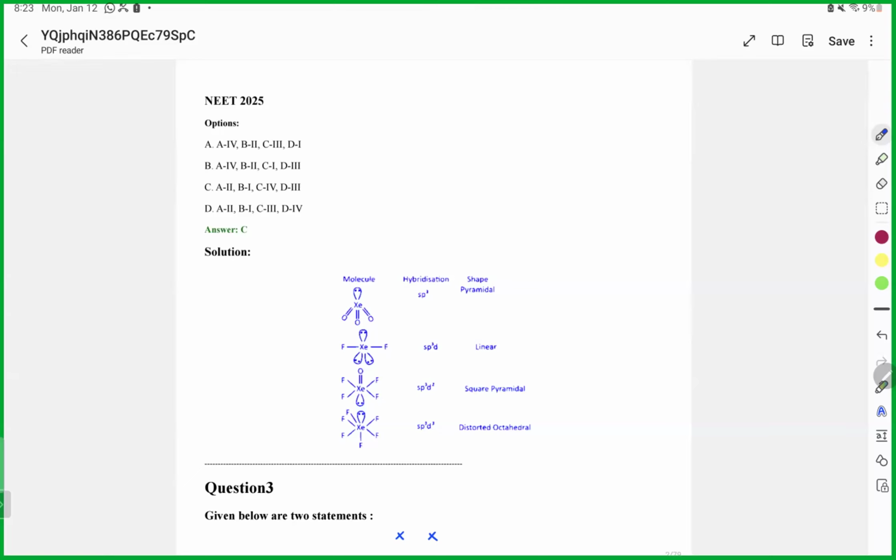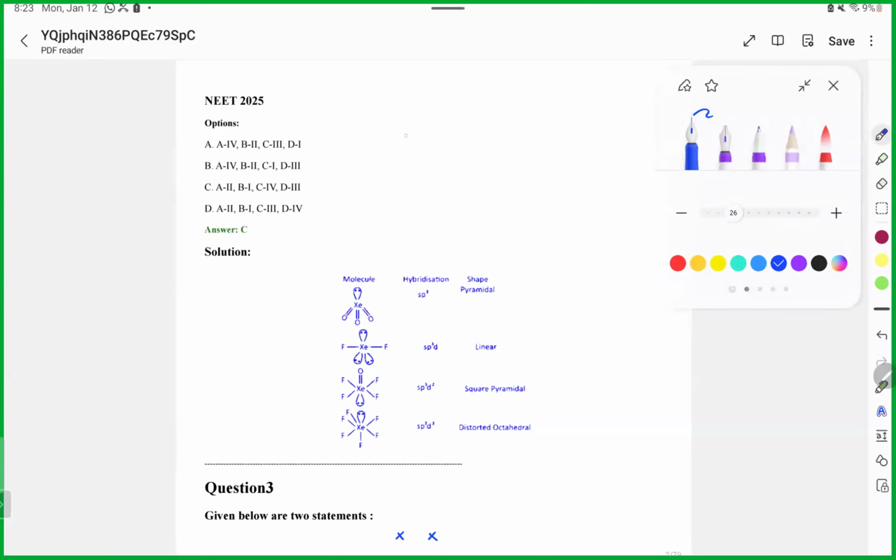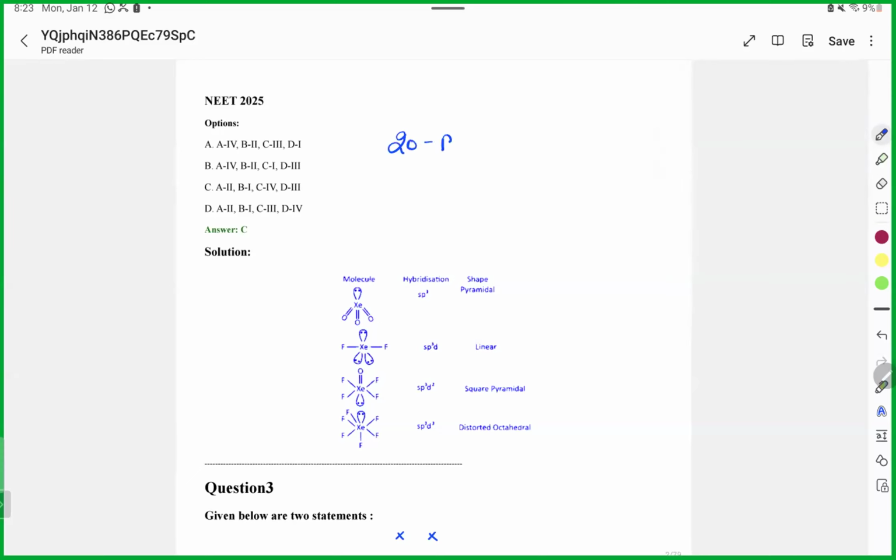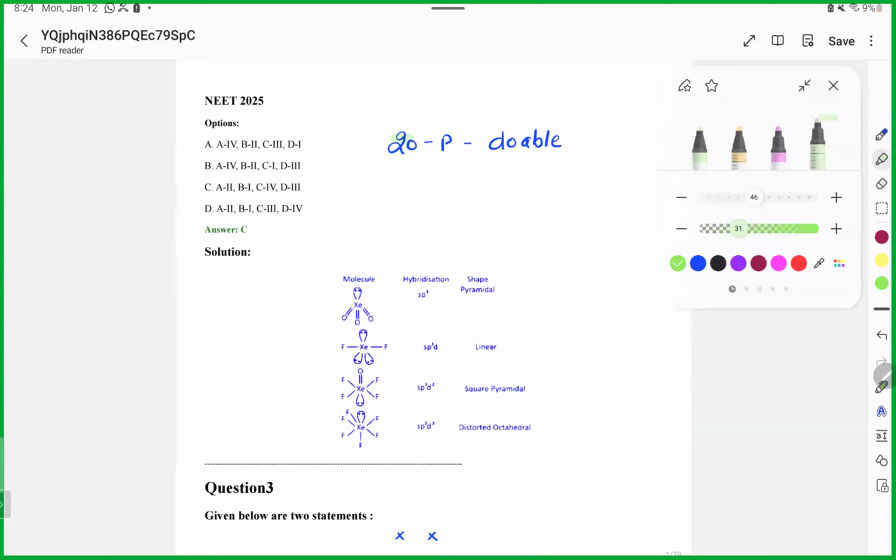So they can't blame, oh, the paper was really difficult. I understand physics was difficult for sure, but I am not exaggerating, 20 physics questions were doable.